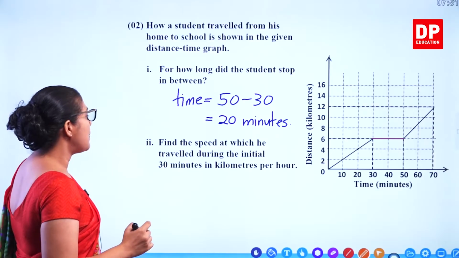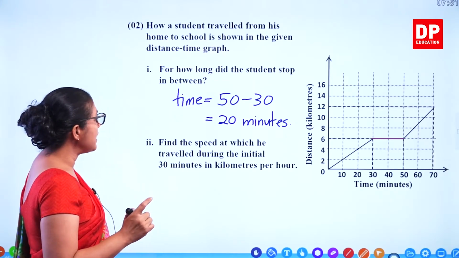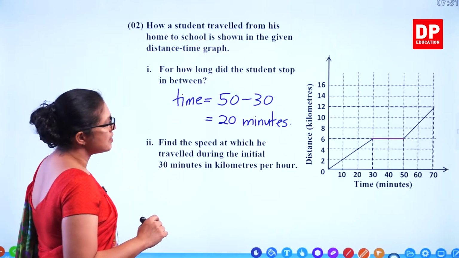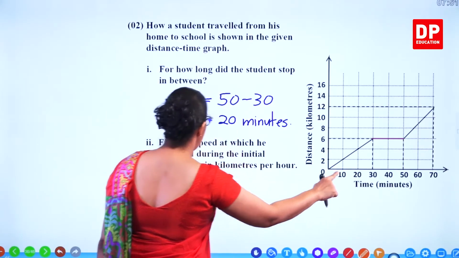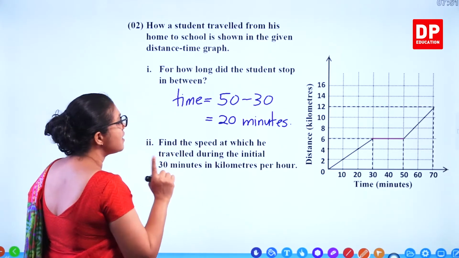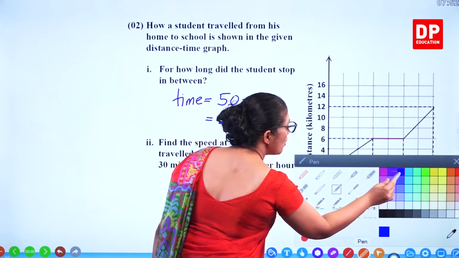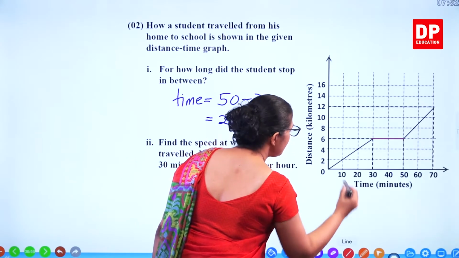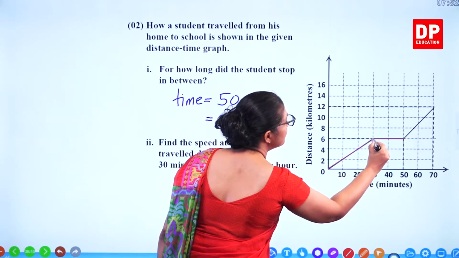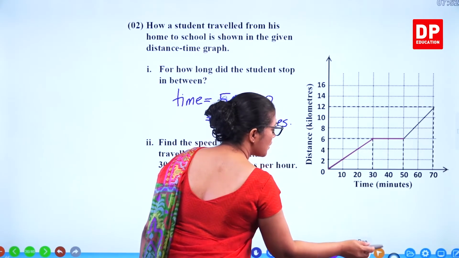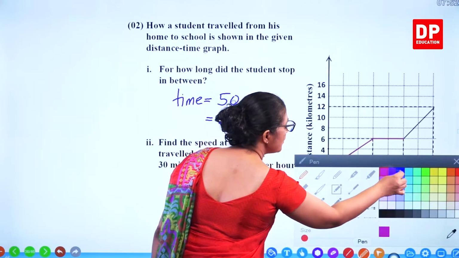Next one, find the speed at which he travelled during the initial 30 minutes. Initial 30 minutes is here. 0 to 30 minutes in kilometers per hour. Now, take this part here to here. So, how you find out the value?